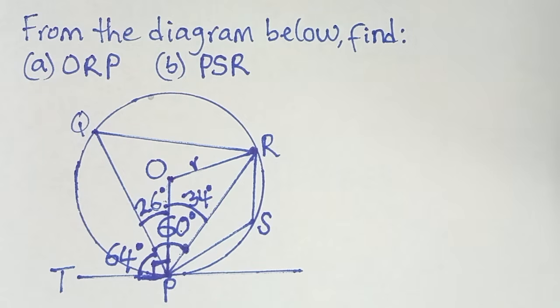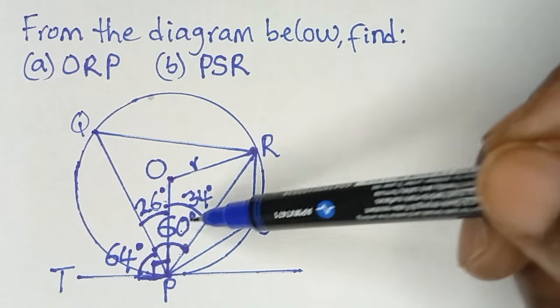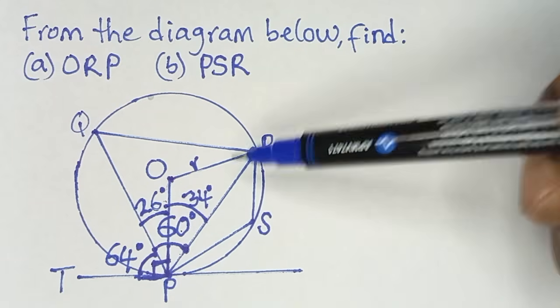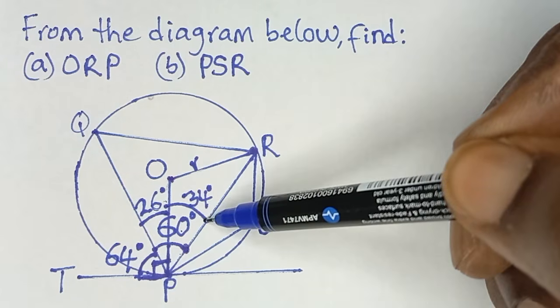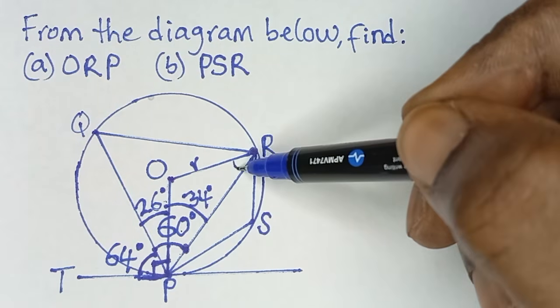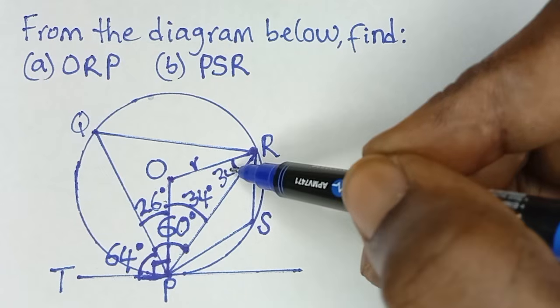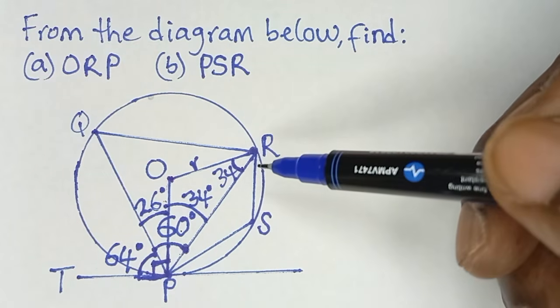And the theorem there says that the base angles of an isosceles triangle are equal. So this base angle and this base angle are equal. If this base angle is already 34, this base angle here will also be 34 degrees, because base angles of an isosceles triangle are equal.